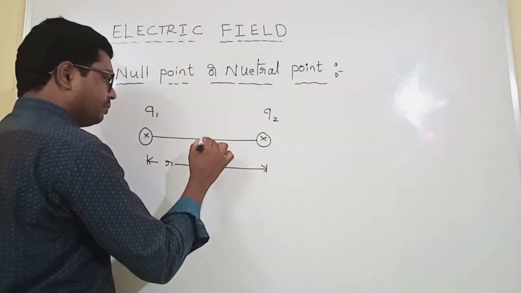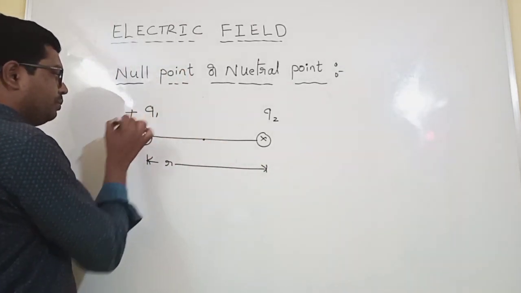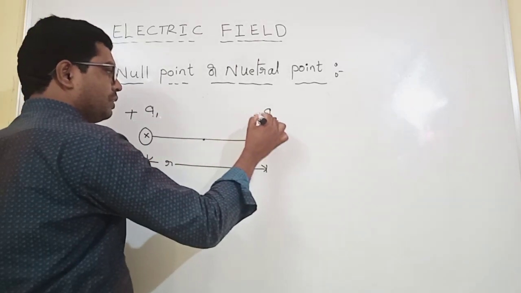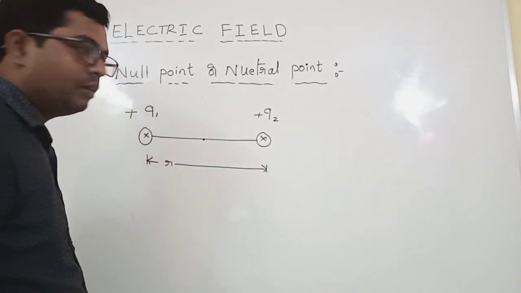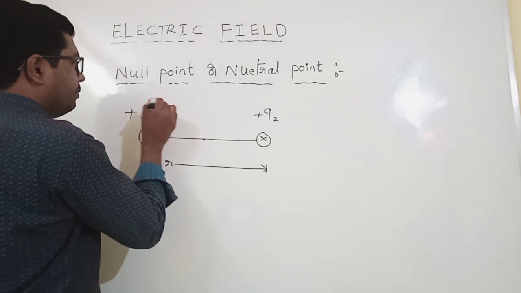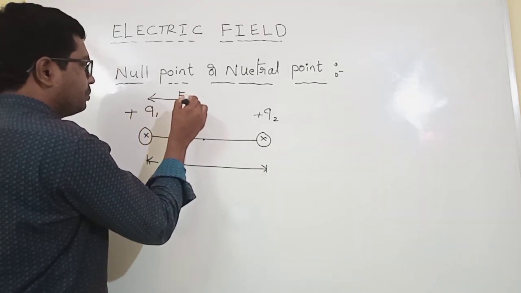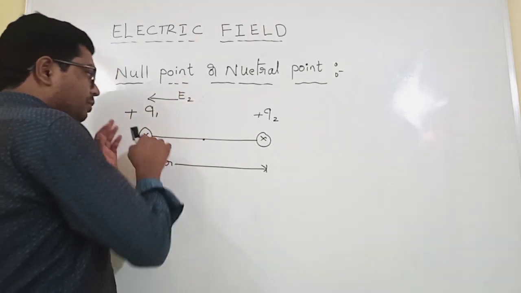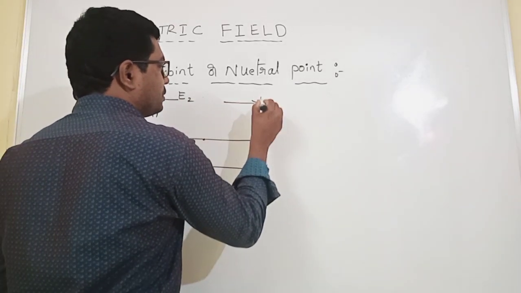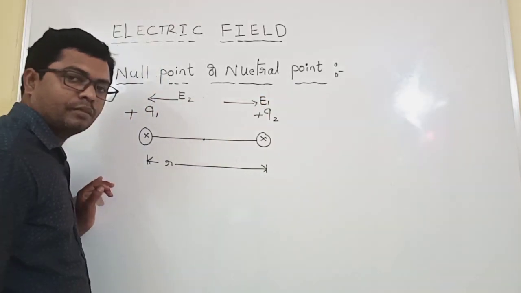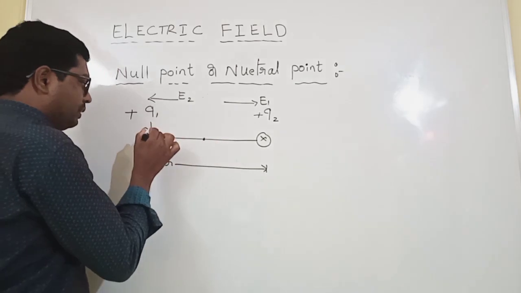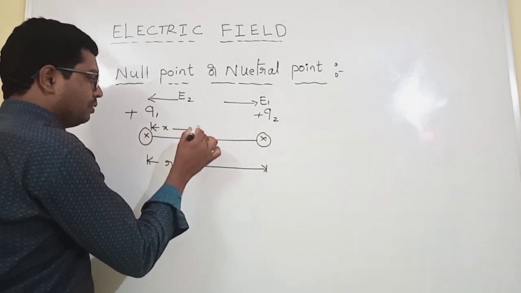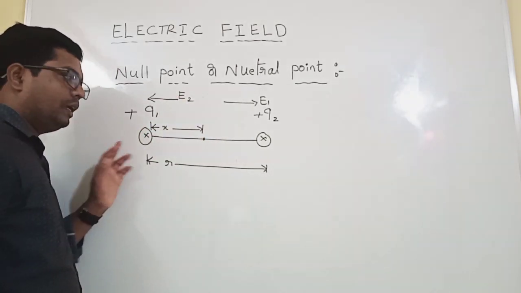Suppose I assume this is a positive charge, and this is also a positive charge. Due to this charge, the electric field direction is, let it be E2. Due to this charge, the electric field direction is, let it be E1. At a distance of x from Q1, the electric field is 0.